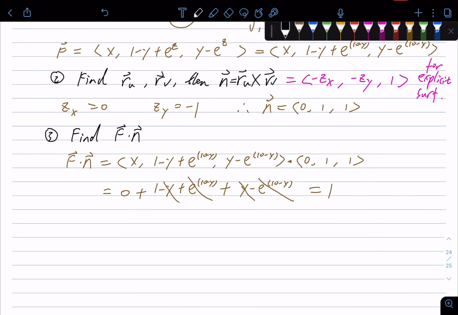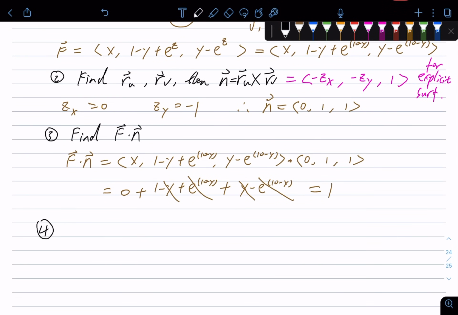So finally, we can go ahead and compute our surface integral. The definition is as follows.